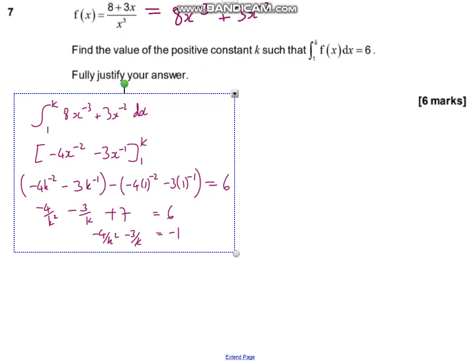Okay, let's carry it back on now. And so we've got 4 over k squared plus 3 over k is equal to 1.